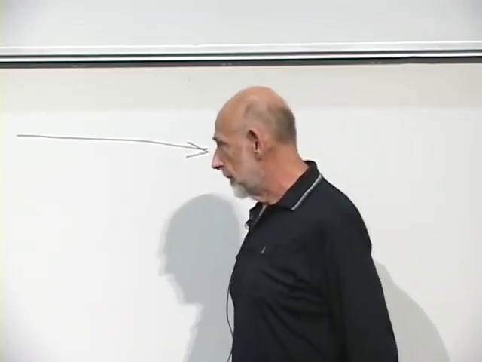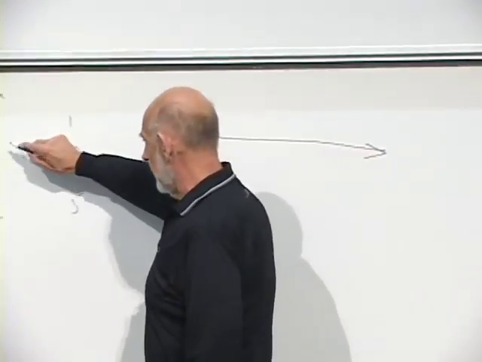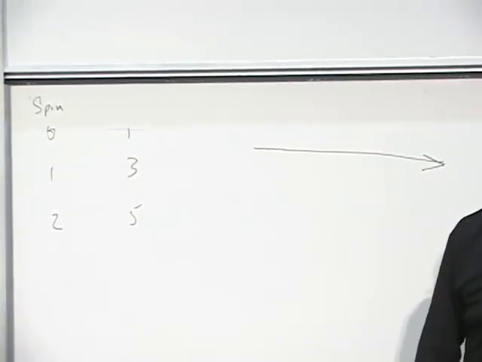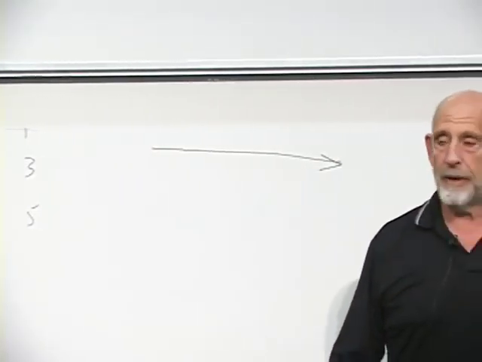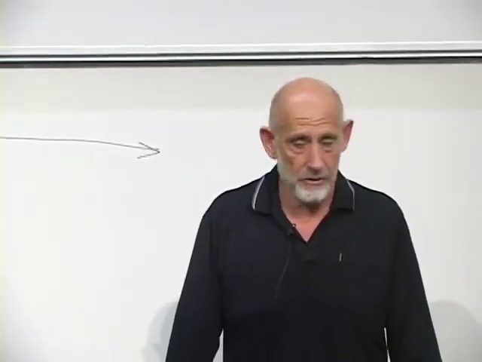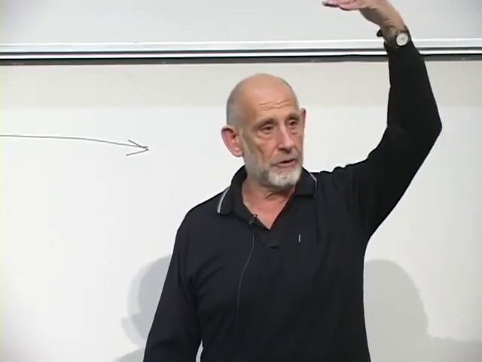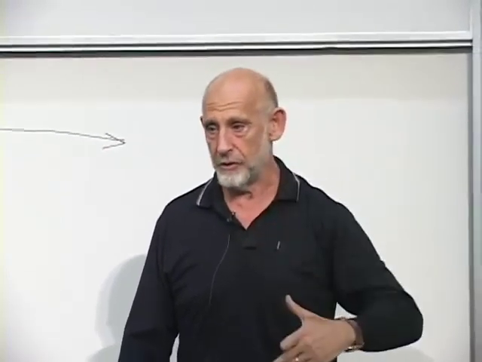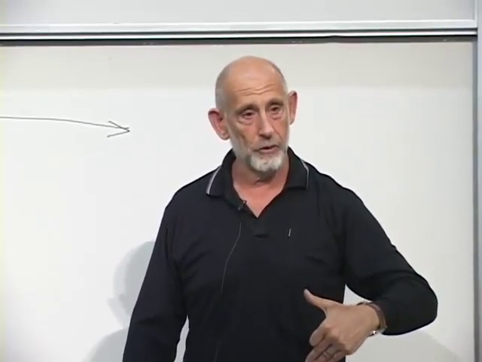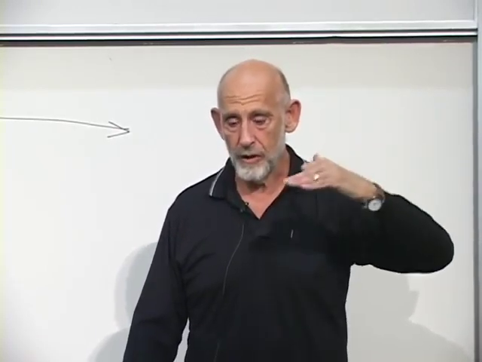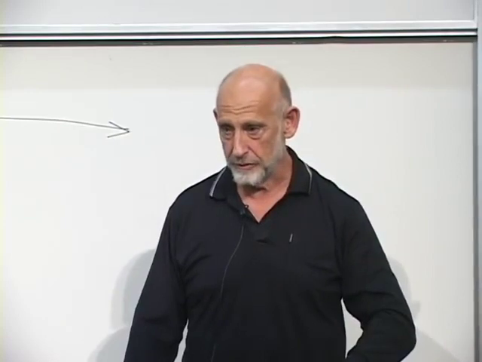What's the maximum? Let's forget spin 0 here. That only has 1 state. But let's go to spin 1. What's the maximum spin along any given axis? Well, the answer is the spins along any axis can be 1, 0, and minus 1. How about for spin 2? 2, 1, 0, minus 1, and minus 2.